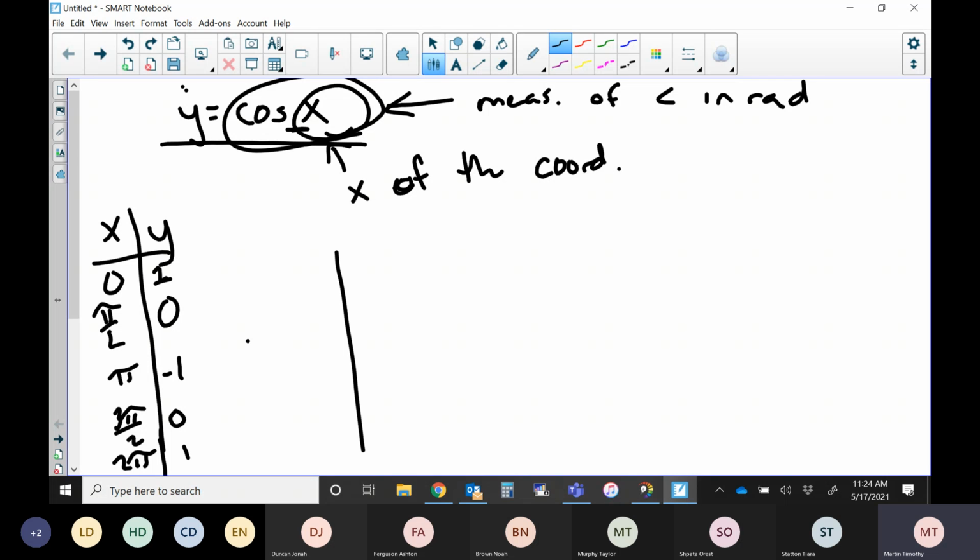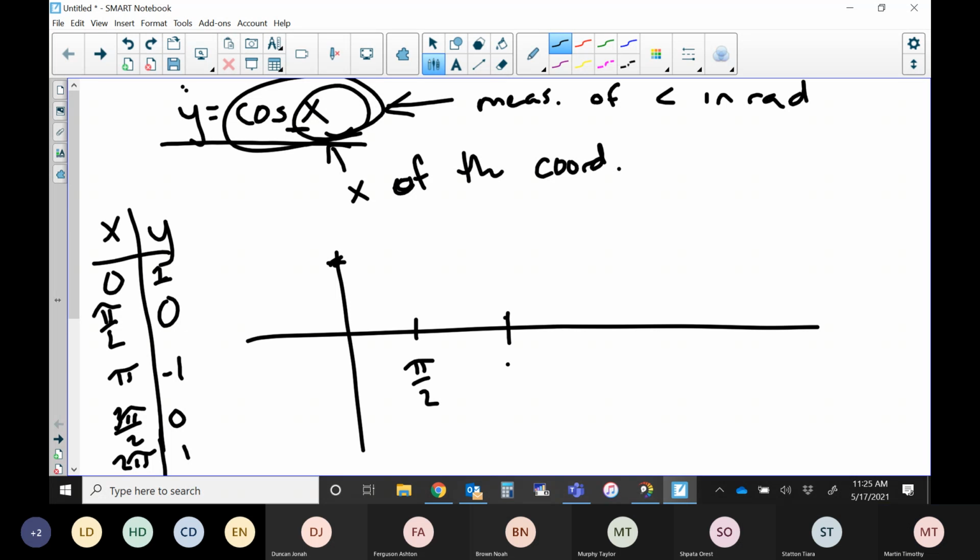And so if I looked at the graph of this, it would start at 0, 1. And now notice my X and my Y, my tick marks don't mean the same. On my X-axis, I'm counting by pi over 2s.